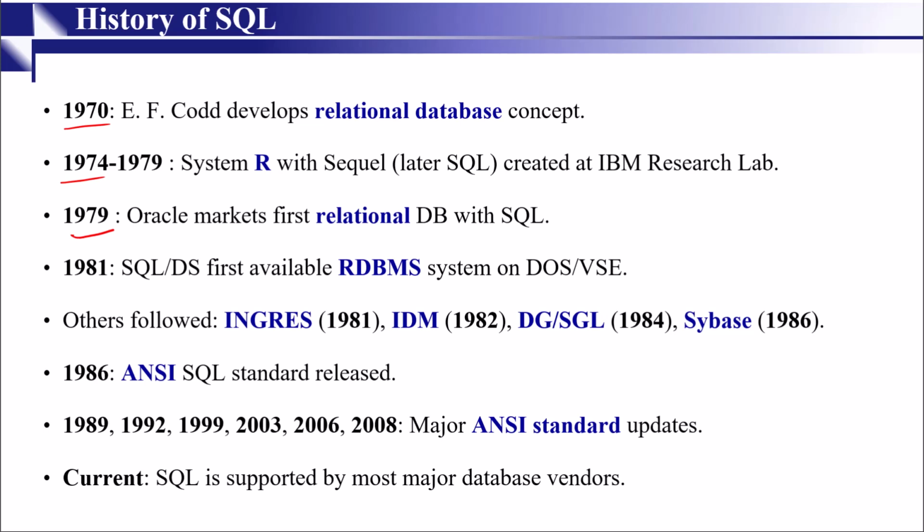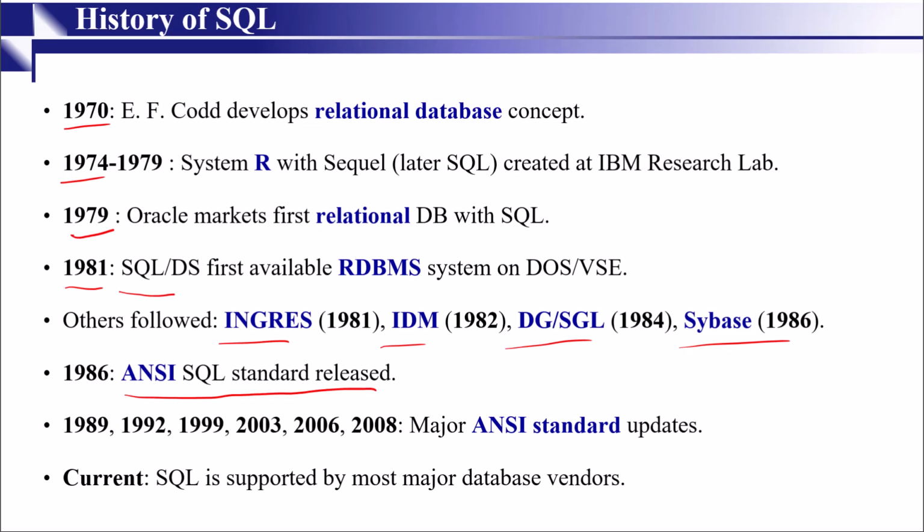Other systems followed, like SQL/DS in 1981, Ingres also in 1981, and DB2, dBASE, and Sybase in 1986. The first ANSI SQL standard came in 1986, establishing a universal framework.